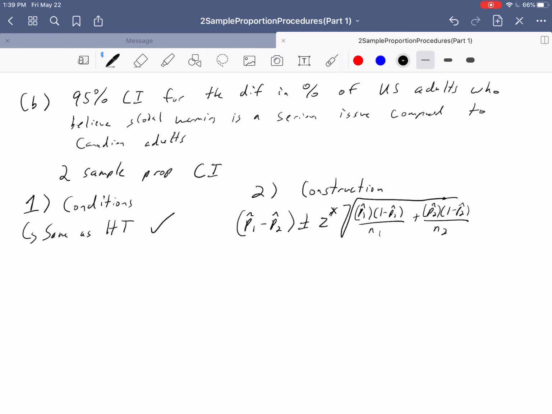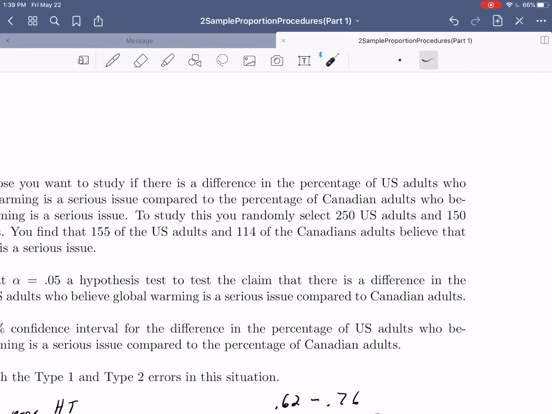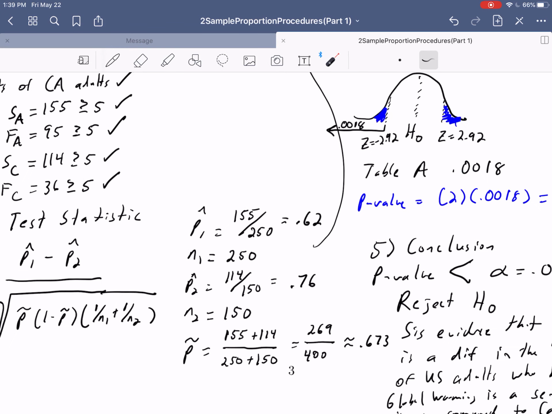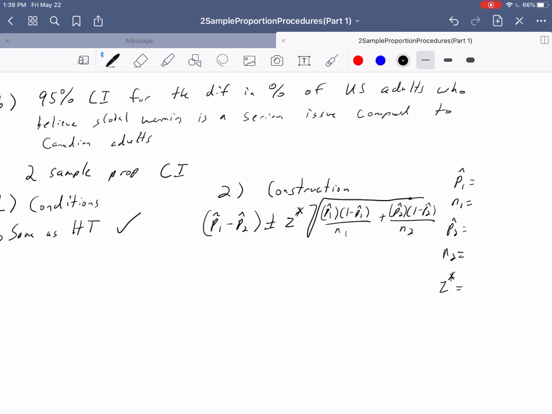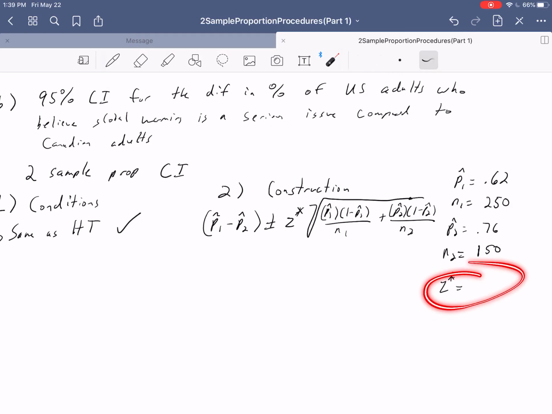To fill that in, we will need to know p1 hat, n1, p2 hat, n2, and z star. A lot of these we've already done. p1 hat was 0.62 and p2 hat was 0.76. So we can put all those in there. 0.62, 0.76. This was 250. This was 150.